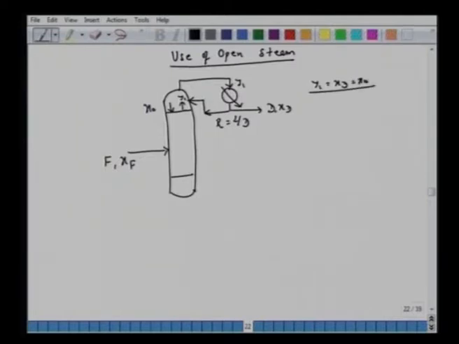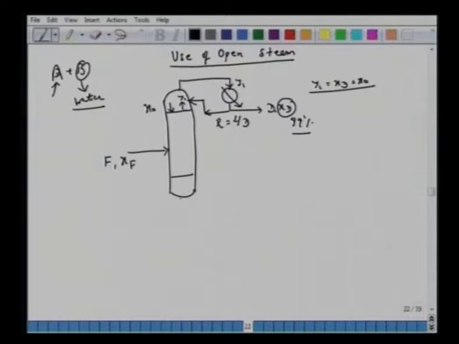Now the system which we have here is, let's say, A plus B. B is, let's say, less volatile, it is water, and A is more volatile, some different component which is going to be distilled as the top product. So you will expect that this XD is very highly rich in A, let's say it's 99% here.